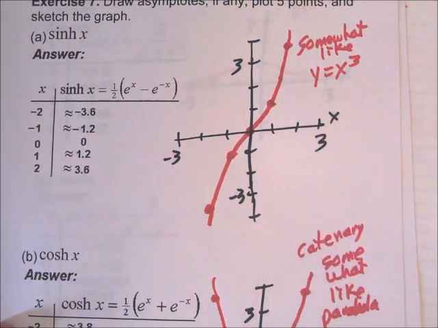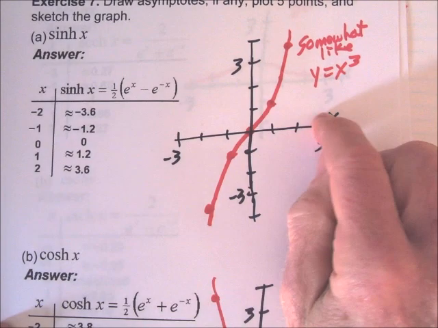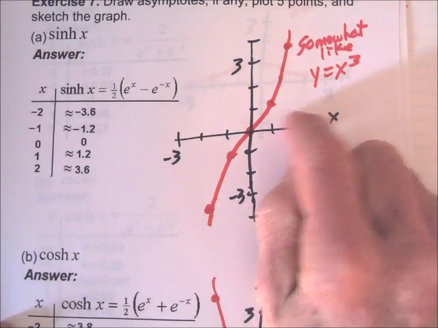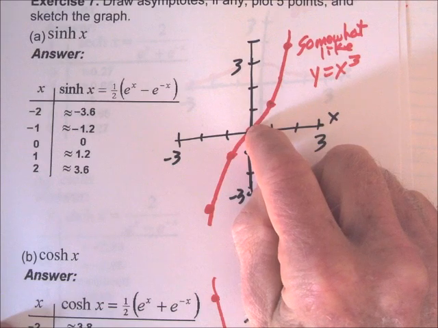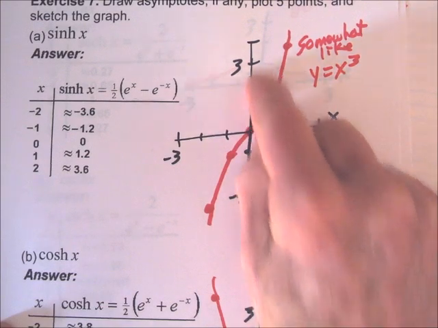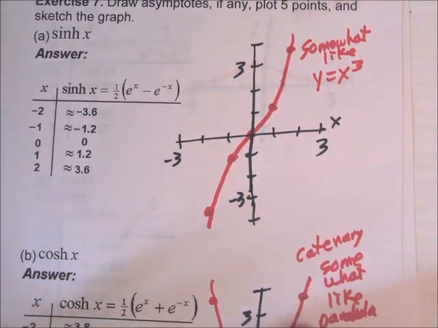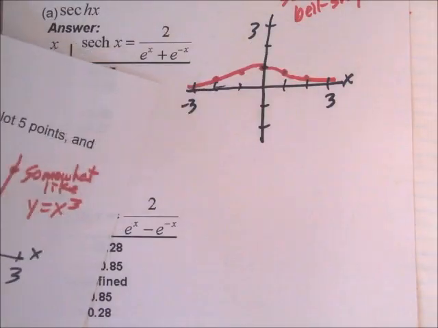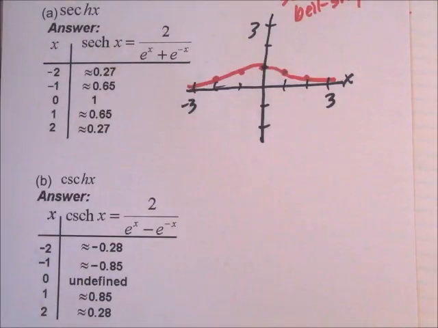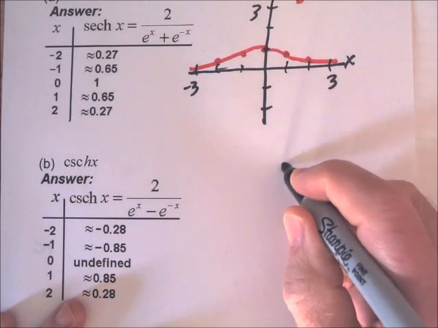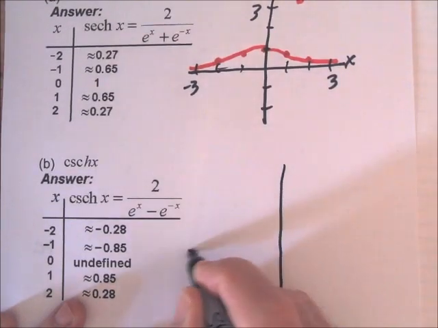So you'll have a horizontal asymptote at 0 again. And as x goes to 0, the sinh goes to 0. So 1 over that is going to go to infinity. So that kind of gives us an idea of what the graph will look like. So let's plot the points and sketch the graph.